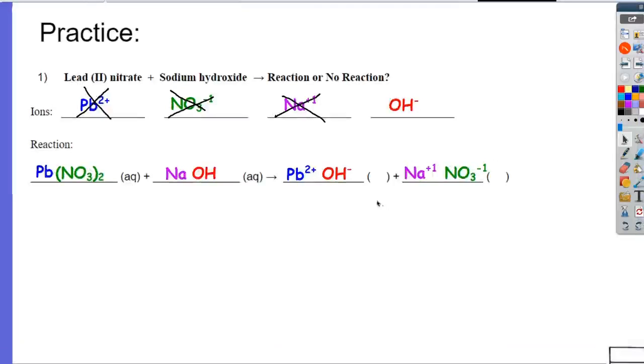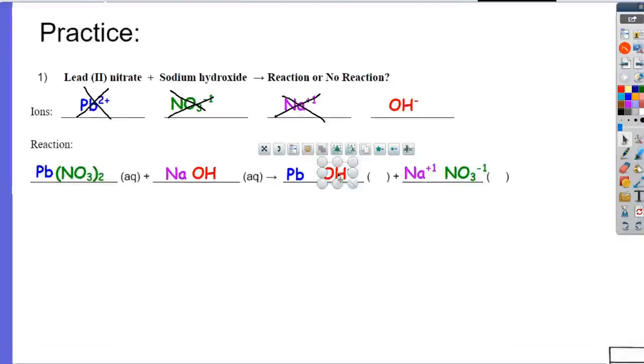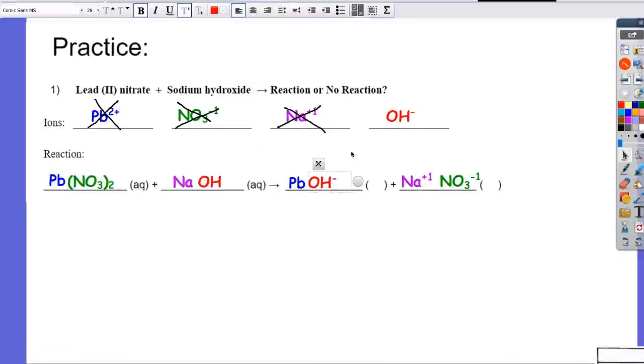Okay, well, now let me make my new formulas. I have a charge of 2 on my lead, so that 2 will become a subscript for my OH. And my hydroxide has a charge of 1, that will become the subscript for my lead. So lead is just Pb. And then my hydroxide is a polyatomic ion.